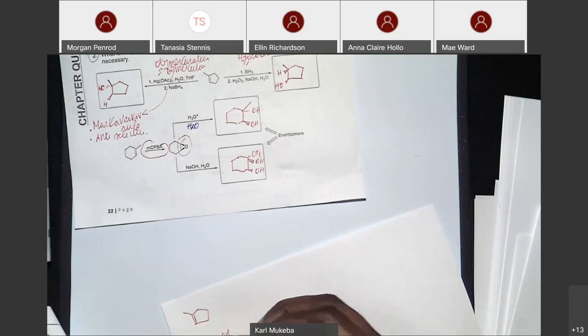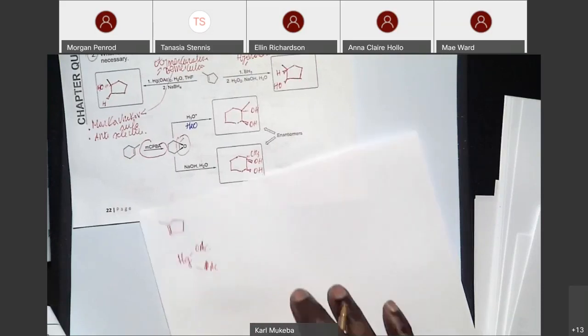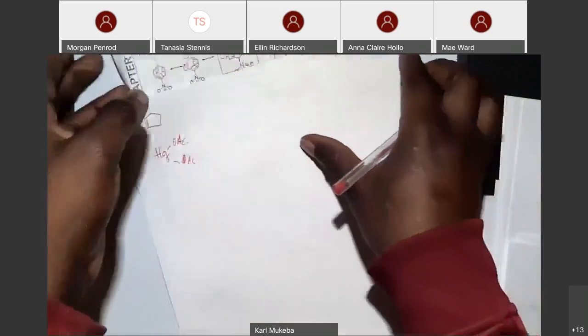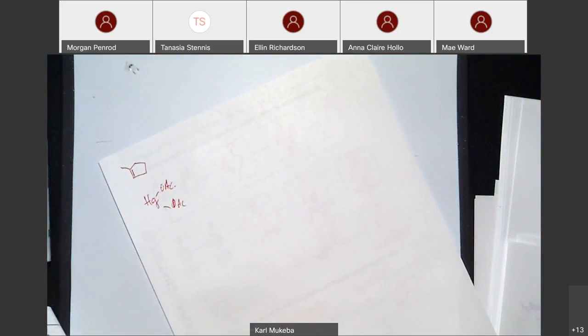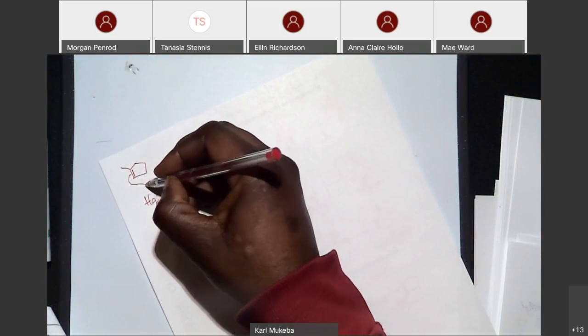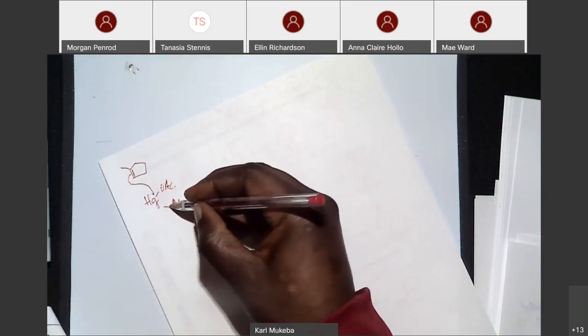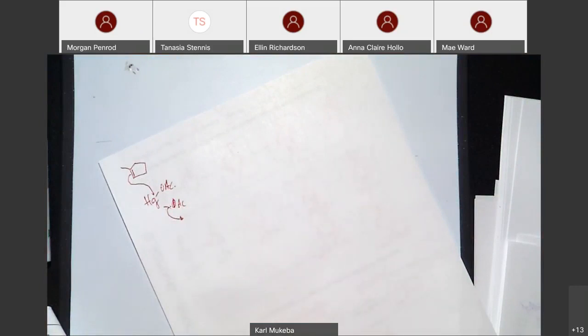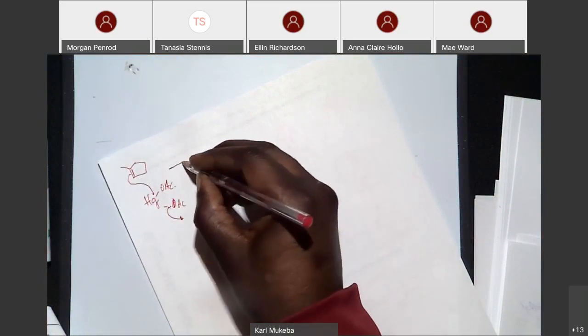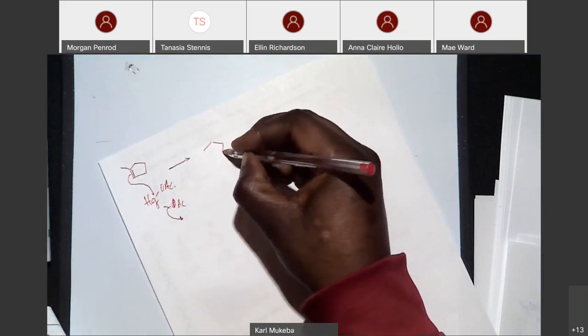So you have OH. So what is your next step? What is happening is your double bond is going to attack somewhere, and one group is leaving, right? And the next one, we will have this compound.